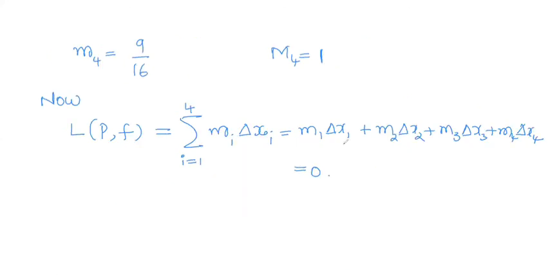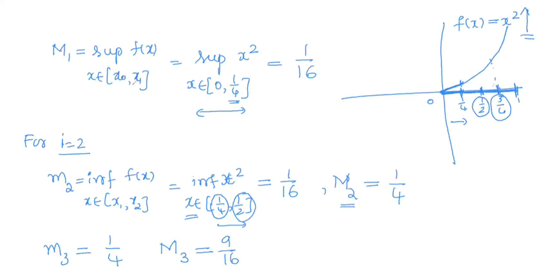So I'll use it. So delta x1 is 1 by 4 plus m2. What is m2? It is actually 1 by 16 into, once again, 1 by 4. m3 is 1 by 4 into delta x3, once again 1 by 4. What is m4?